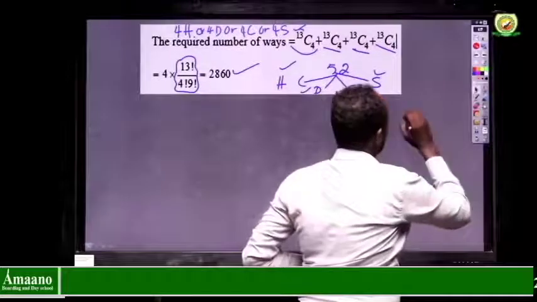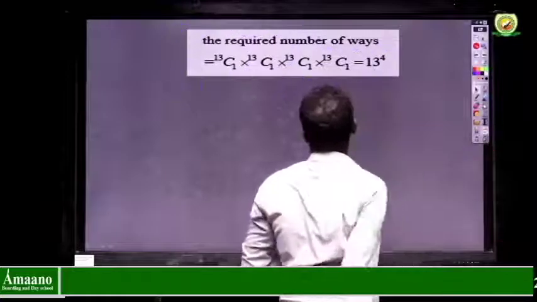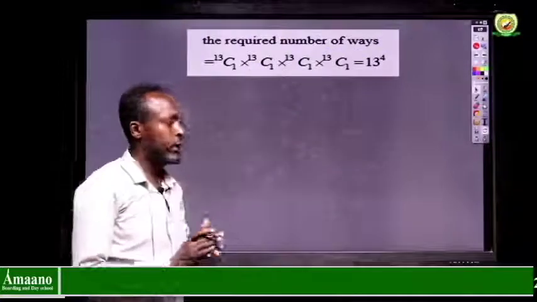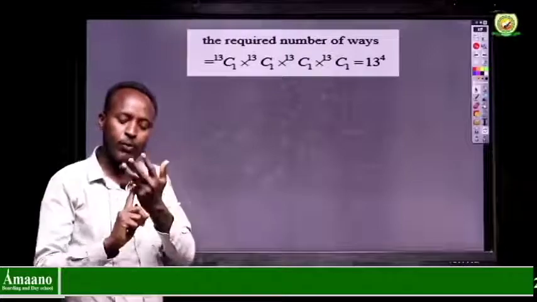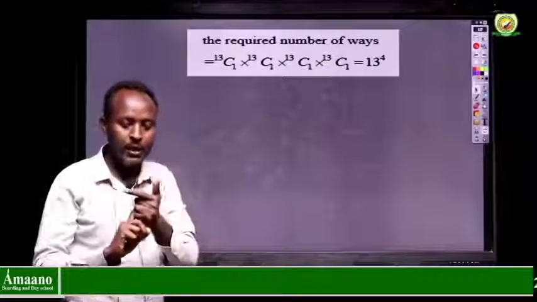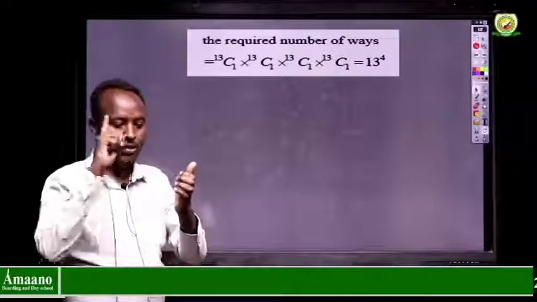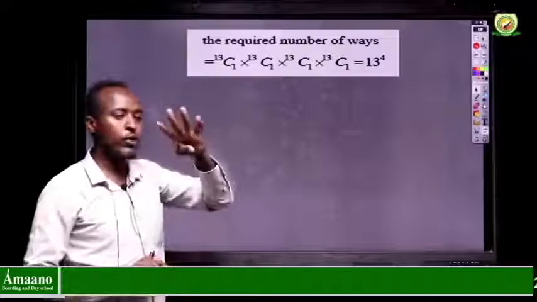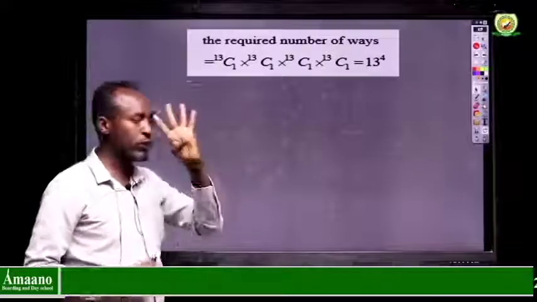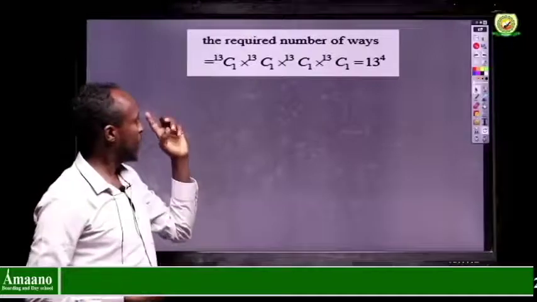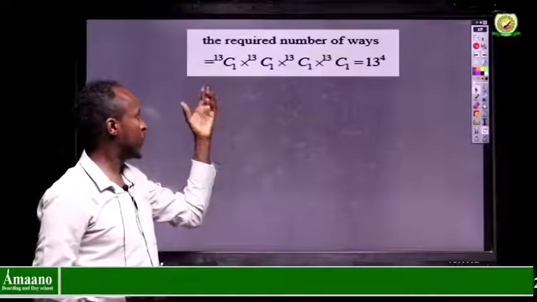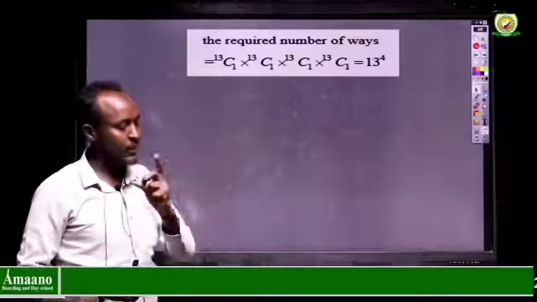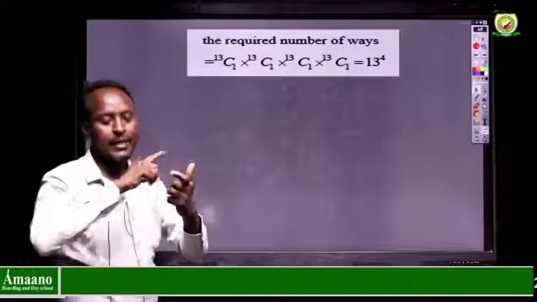Let us proceed to question 3. Here we are required to have 4 cards of different suits. It means that one card can be from hearts, another card from diamonds, and so on. The previous one was 4 cards of the same suit, but in this case we are required to find the number of ways that we can get 4 different cards.